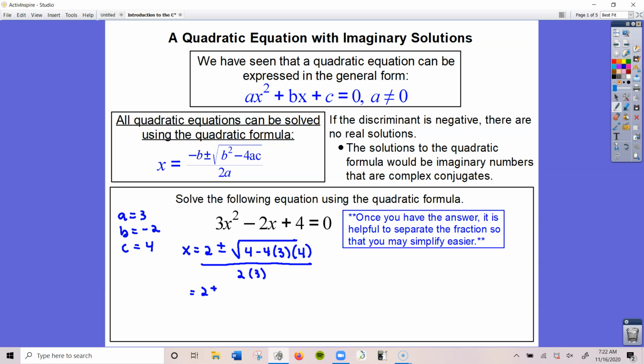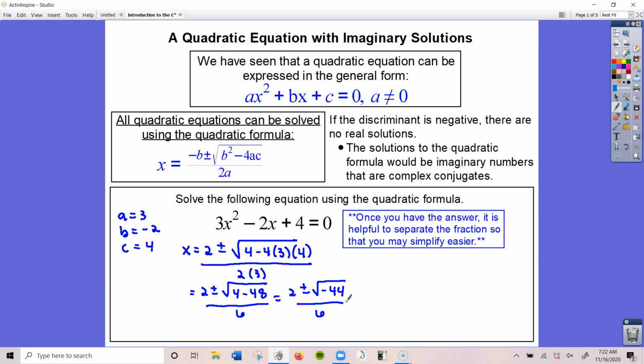So 2 plus or minus the square root of 4 minus 4 times 3 is 12, and 12 times 4 is 48. All over 6. And this then equals to 2 plus or minus the square root of negative 44 all over 6.